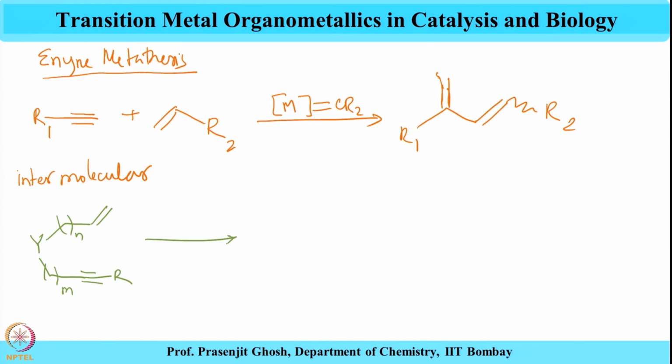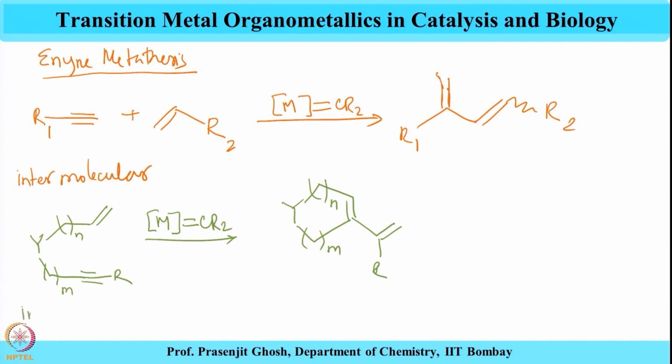And then the catalyst, as I mentioned, in the present case also is a carbene type of catalyst, which gives a product of the type, this is a 5 membered ring.